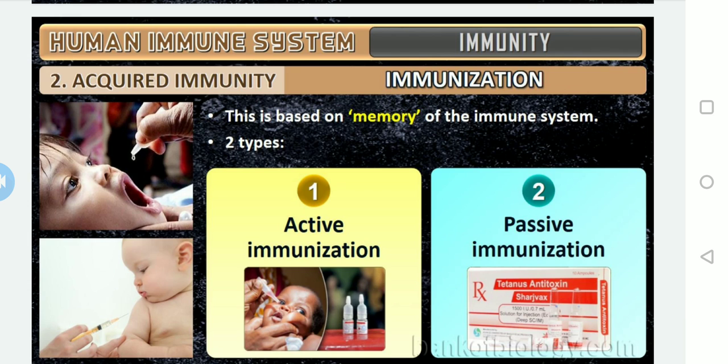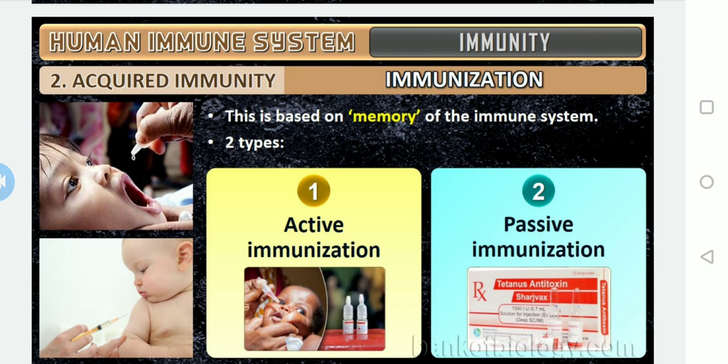After this, when it comes to vaccination, it is broadly divided into two types: active immunization and passive immunization. There is a slight difference between vaccination and immunization.